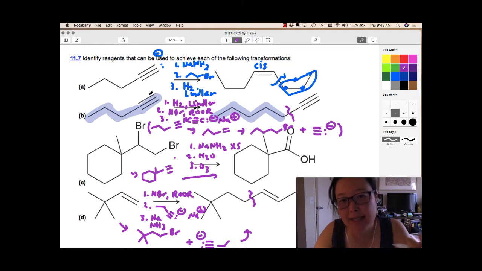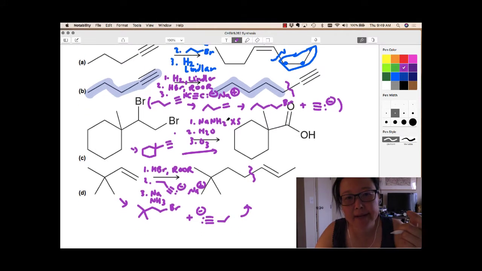HBr in peroxide to make sure that the end carbon is the one with the bromine. We don't want Markovnikov in this case because we need this to add on at the end, on this carbon here. Then I need to just add my acetylene, which is a negative ion, acetylide ion. It's a sodium salt.